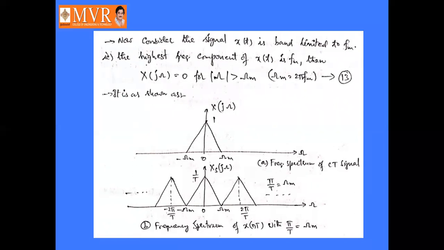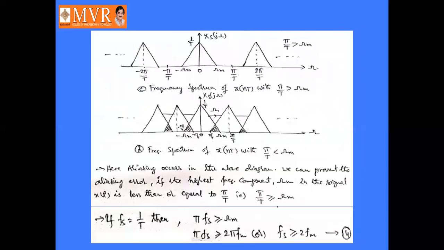Xs of j omega is nothing but the frequency spectrum of x of nT with pi by T equal to omega m. Here pi by T is omega m. So it is like this, 1 by T Xs of j omega like this. And the third one is the frequency spectrum of x of nT with pi by T greater than omega m.